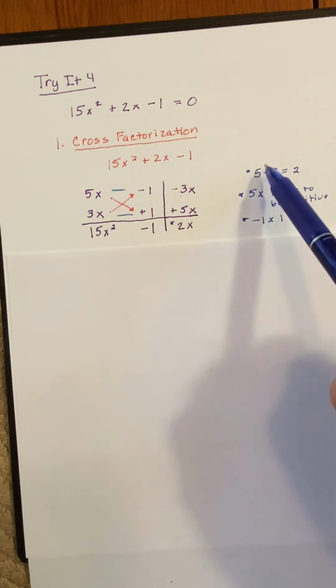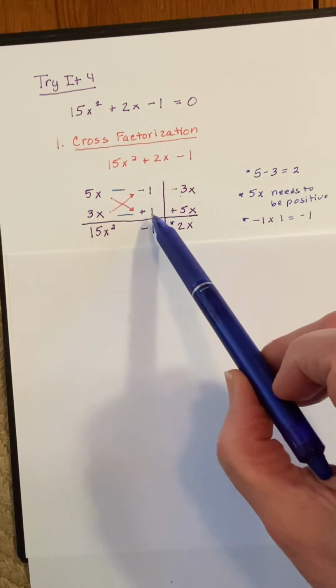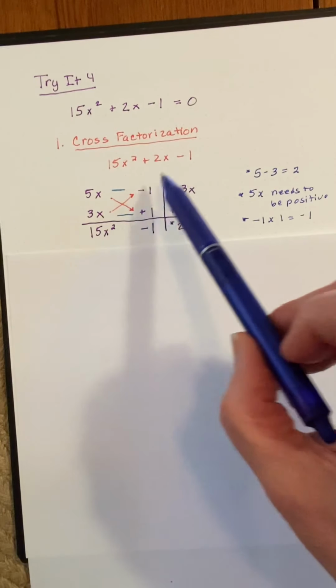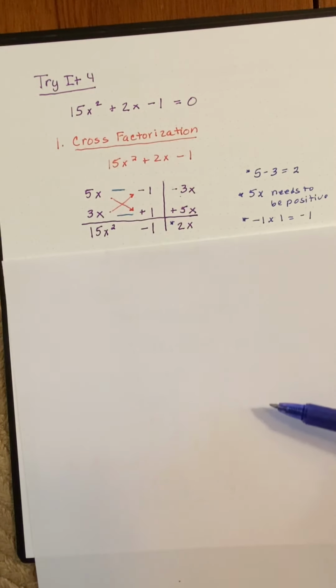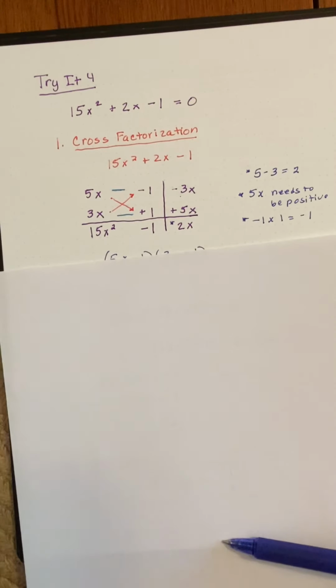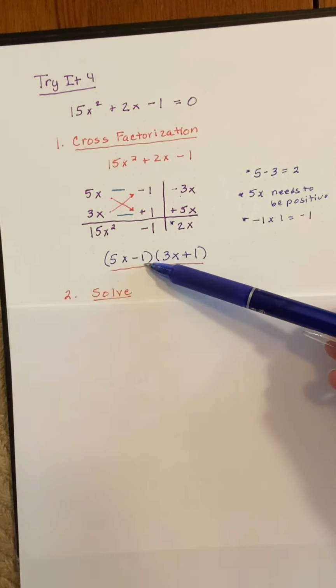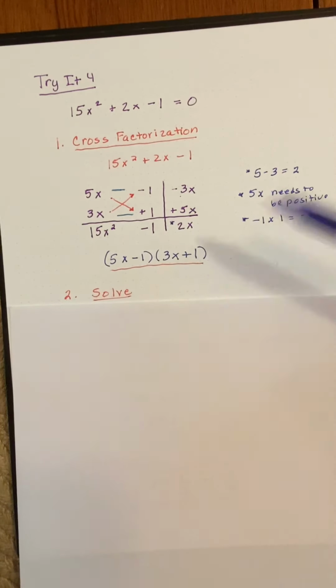Since 5x has to be positive, and I have to do my crosses here, the positive 1 is here, the negative 1 is up there. So that's how I think through this cross factorization, and I end up with 5x minus 1 times 3x plus 1.